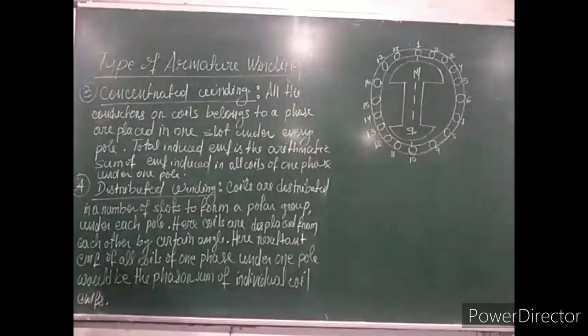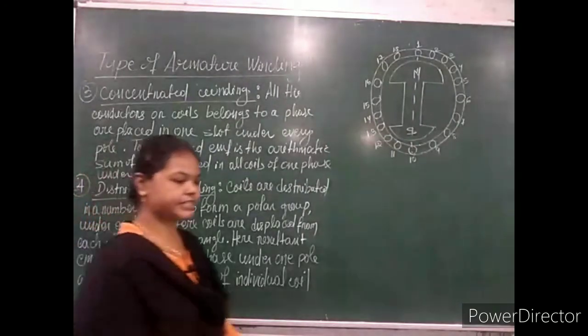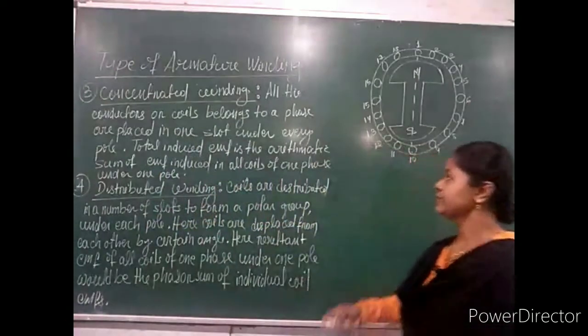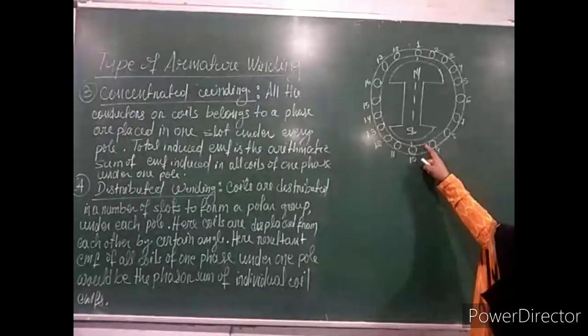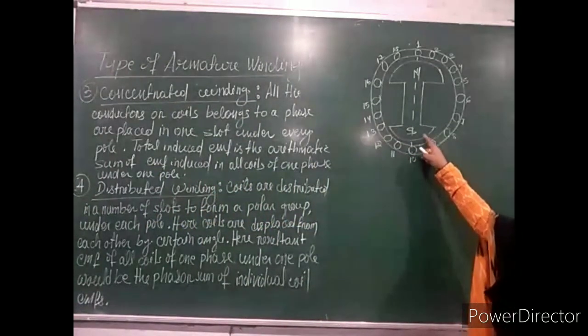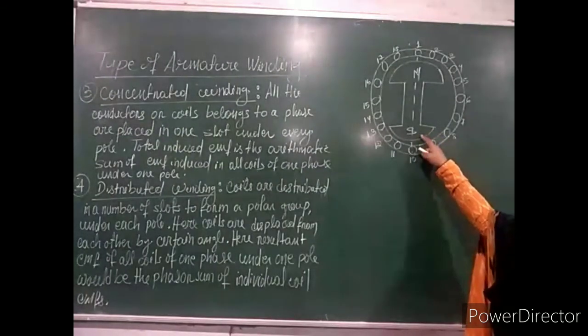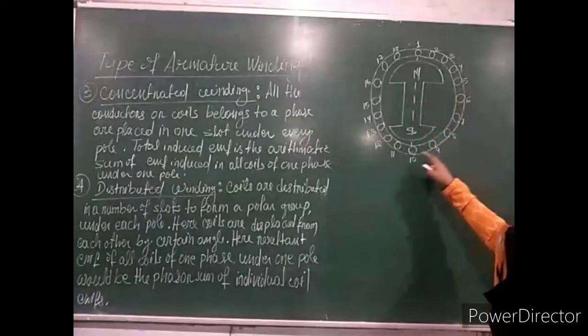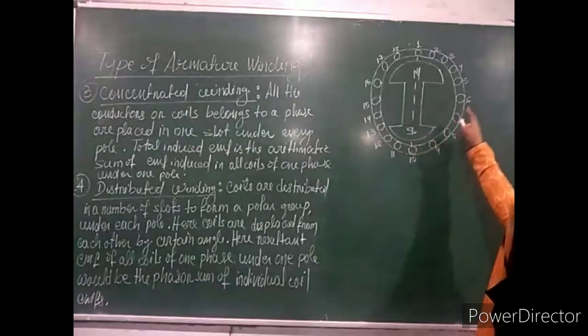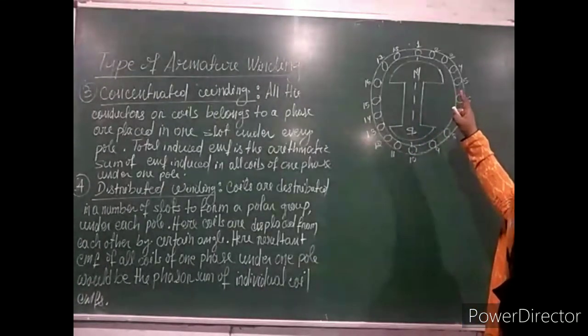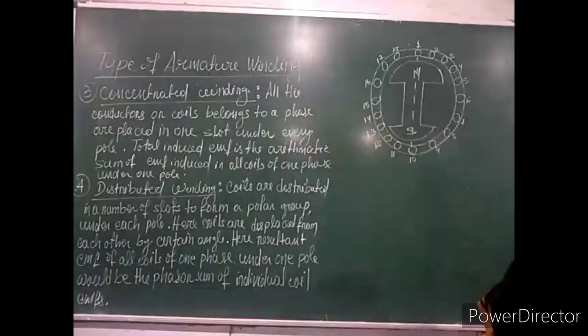Next we see concentrated winding and distributed winding. So what is concentrated winding? The same example I have taken here, a synchronous machine with 2 poles in the field and 18 slots in the armature conductor. Here I numbered the armature slots 1 to 18.